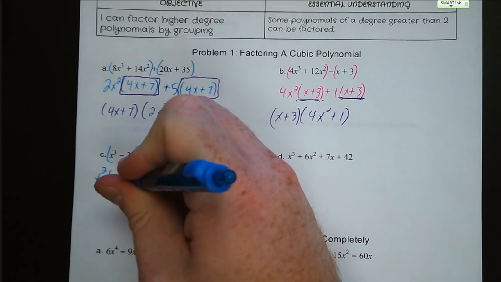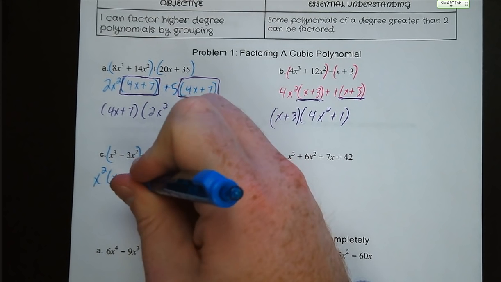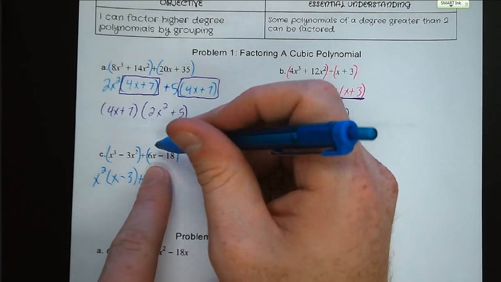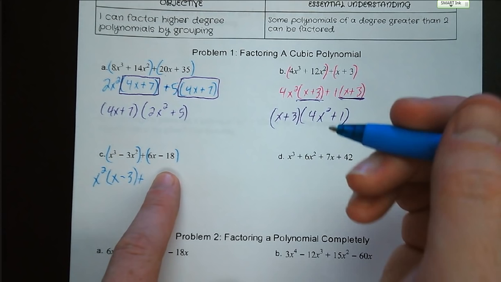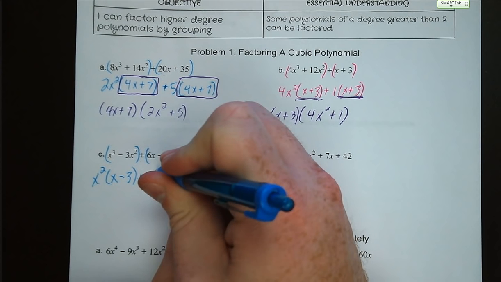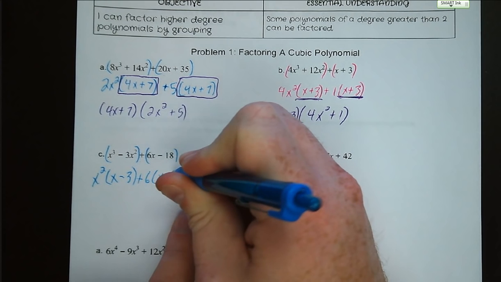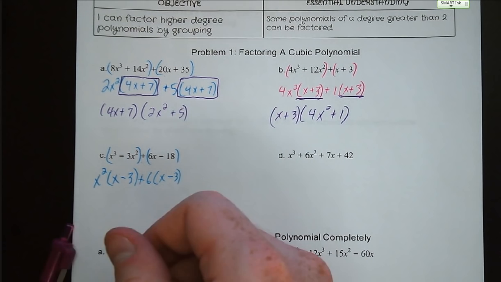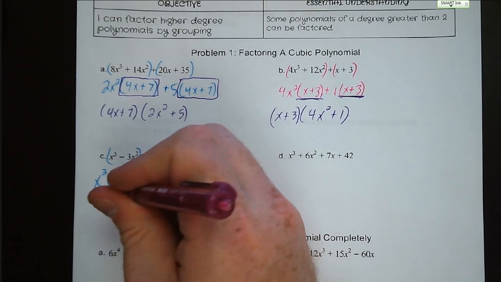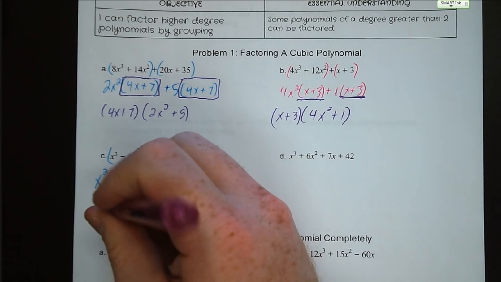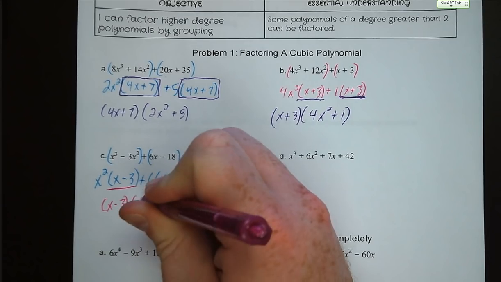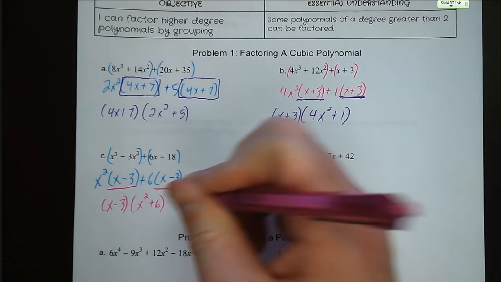We have an x there and a negative 3 there. Then we add 6x minus 18, and the common factor in that is a 6, so we're left with x minus 3. We have a common factor in both of these terms of x minus 3. So the answer is x minus 3 times x squared plus 6.